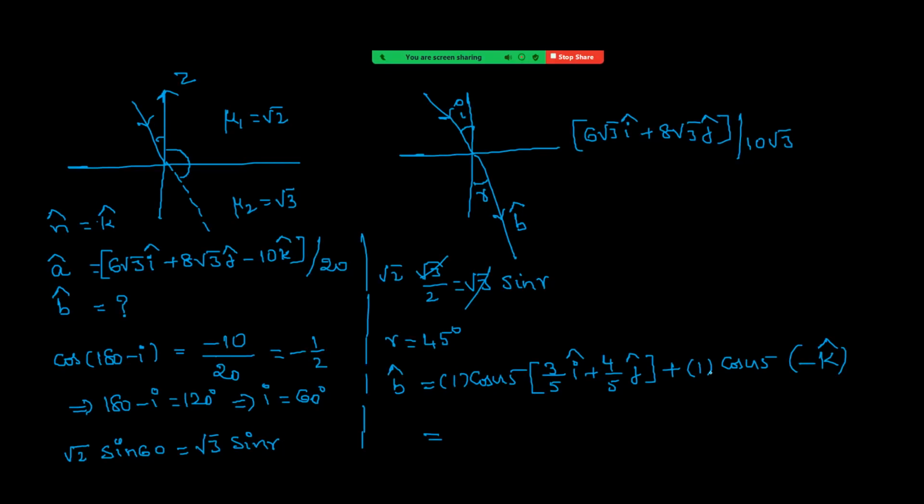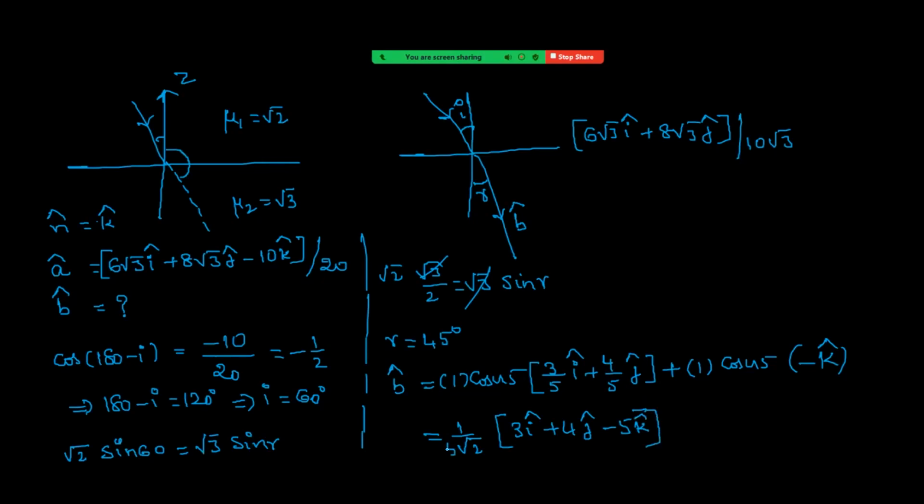So what we can take here, common cos 45, we can take it outside, cos 45, that is 1 by root 2. Remaining is now 3 i cap plus 4 j cap minus 5 k cap.